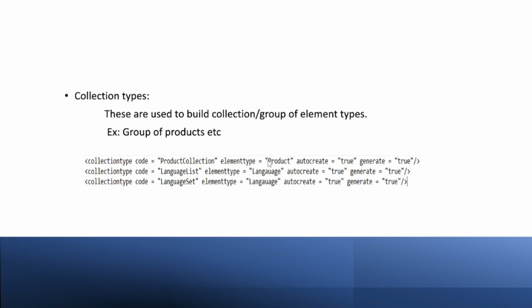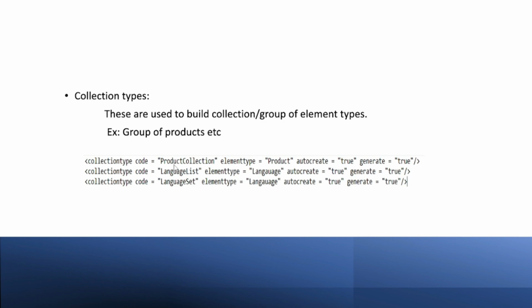So we are going to store all product related data. Autocreate will be true and generated will be true, so it will create a product collection table in the database. It will generate the corresponding Java class as well.